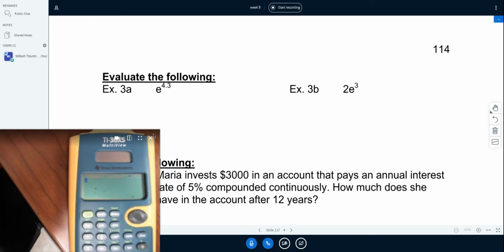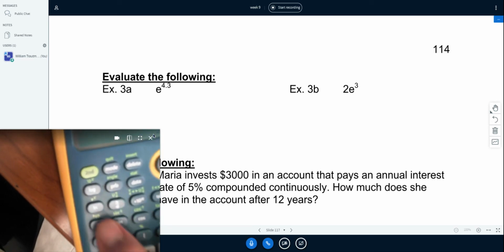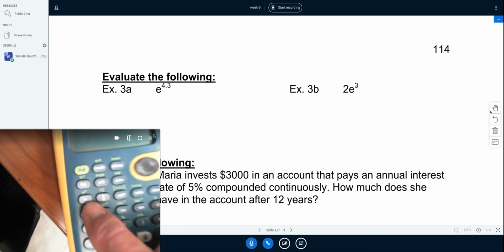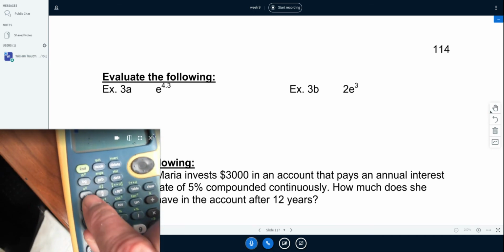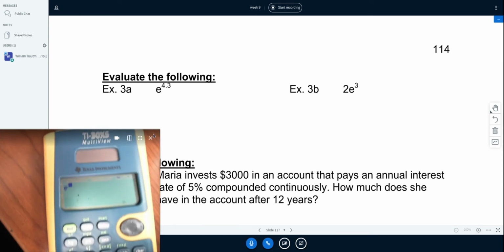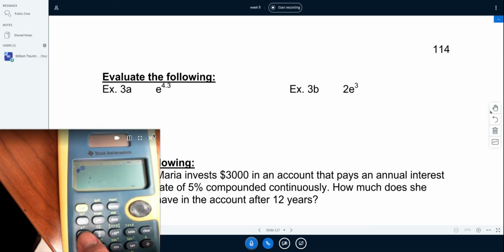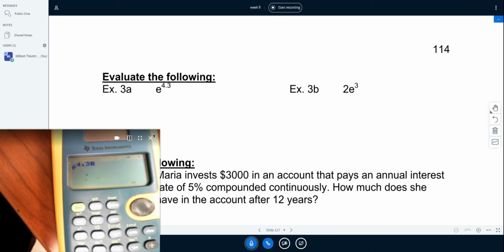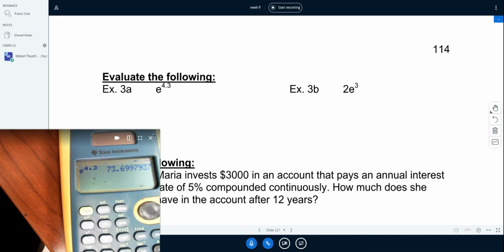If you look on your calculator, right above the ln button, it says e to the x. So I'm going second ln, and it gives me e raised to a power. So I just type in 4.3, and I hit enter, and that's what the answer is.